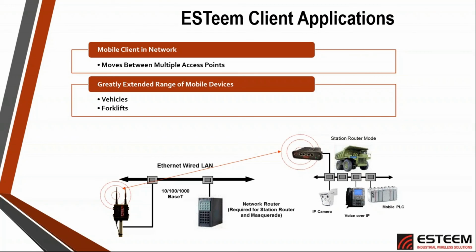The difference is that it's designed so that it can automatically roam between multiple access points. If you had a large plant floor and a machine or a fork truck that needed to move around, instead of creating a direct link to each one, like we did when we created the peers, you can put the radio into a client mode, and it will link to the access point that has the highest signal strength.